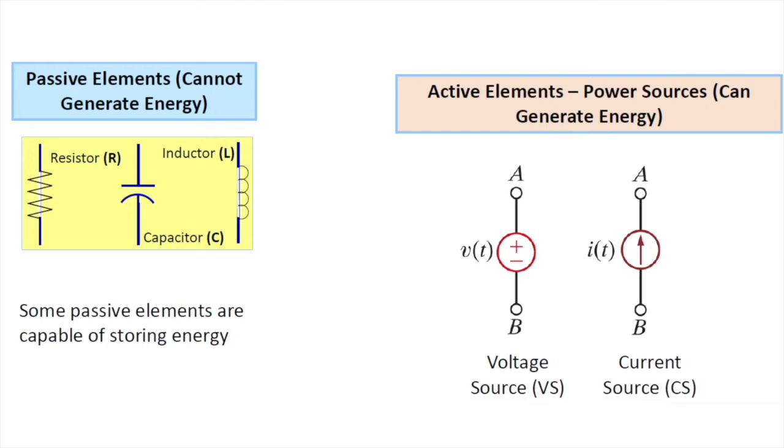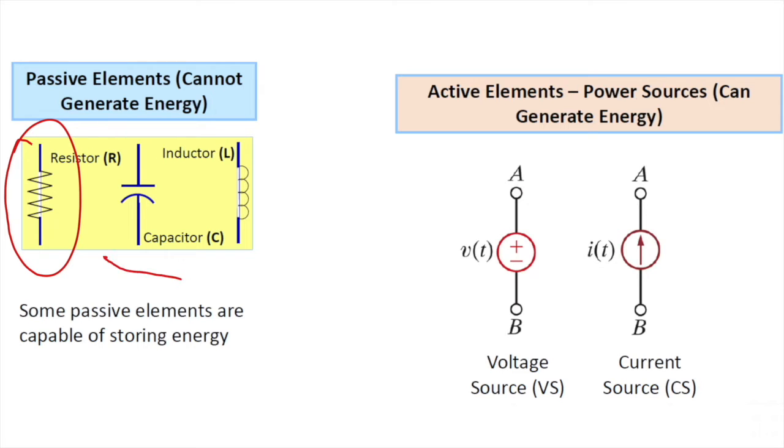The circuit elements can be classified into passive elements and active elements based on whether the element can generate energy. Of course, the resistor, as we discussed in the previous lectures, cannot generate energy, so it's a passive element.